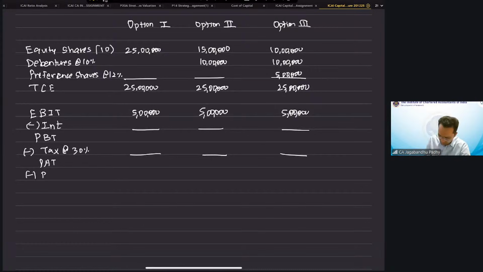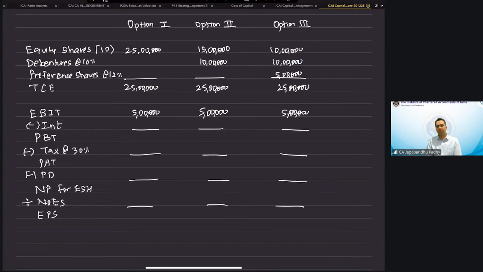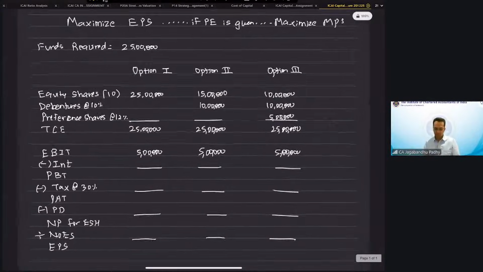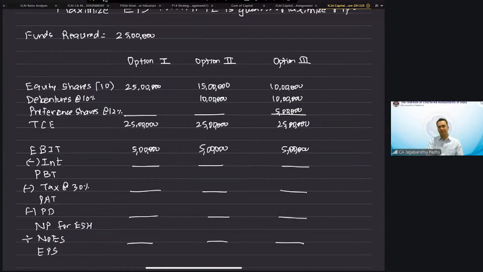Further, we will subtract the preference dividend, which will give us net profit for equity shareholders. And of course, we are going to divide this by the number of equity shares, which will provide us earnings per share. Okay.